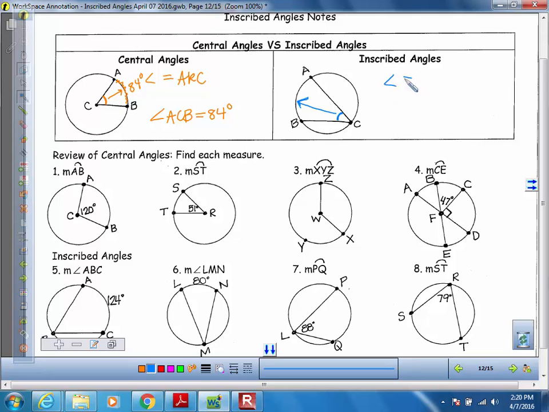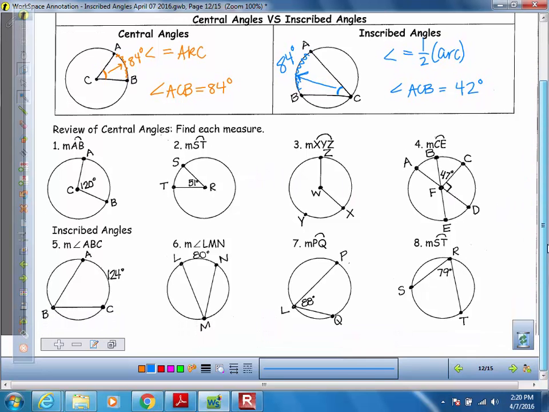So angle equals half of the arc. So let's say again that this arc AB is 84, or its arc measure is 84. What would angle ACB be? What'd you say, Eric? I said 42. 42. Very good. Is that simple enough?